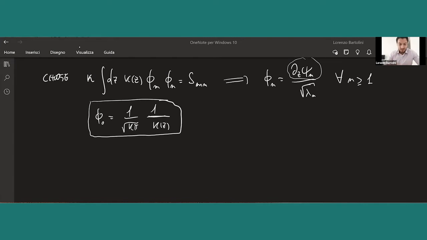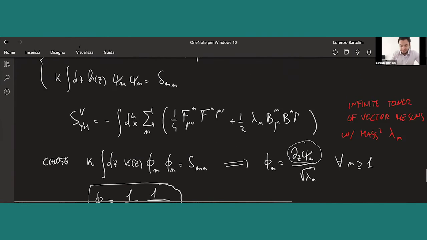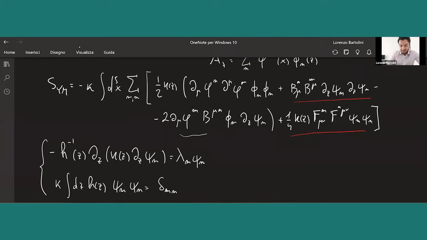Okay, so now we can perform a gauge transformation of the field B. And I think this is the correct sign of the thing, yes. And if you do this, the ugly term here gets eaten.